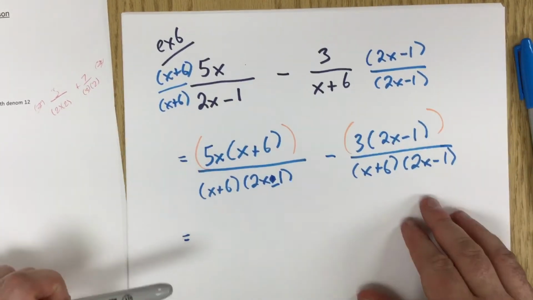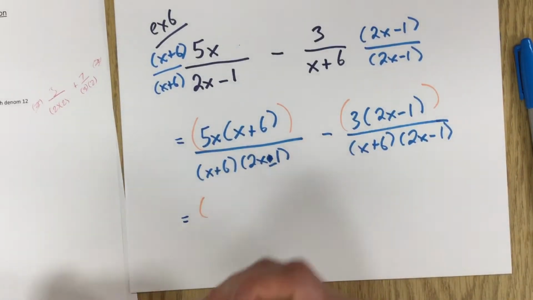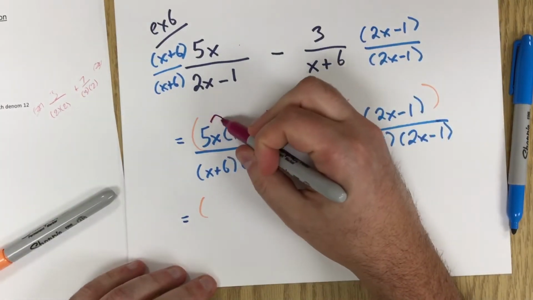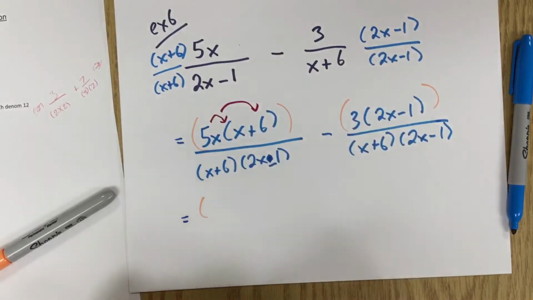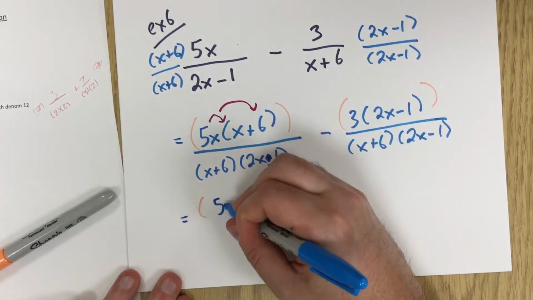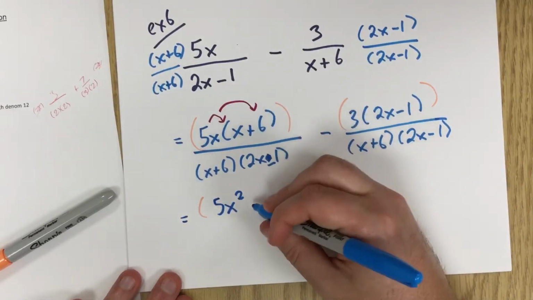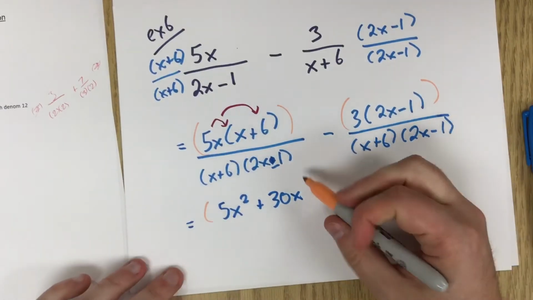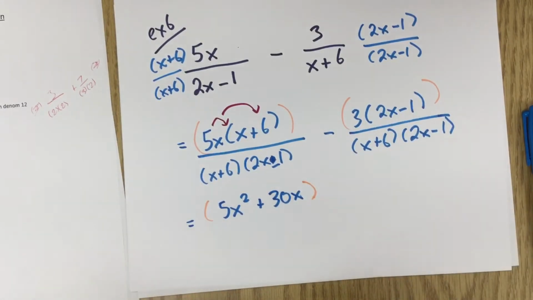So what are we going to get? We're going to multiply this in. 5x times x is going to be 5x squared. 5x times 6 is 30x. Close that invisible bracket.